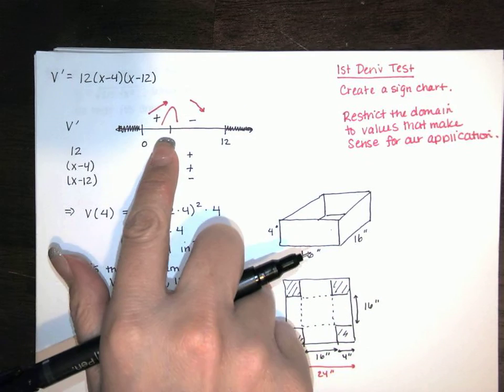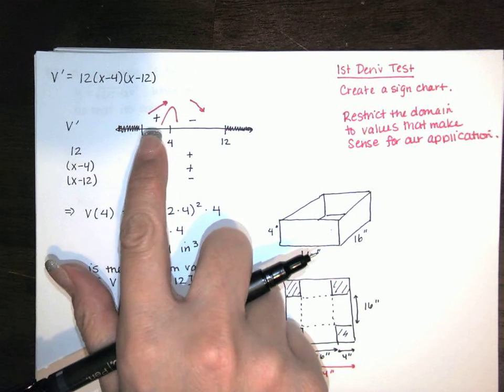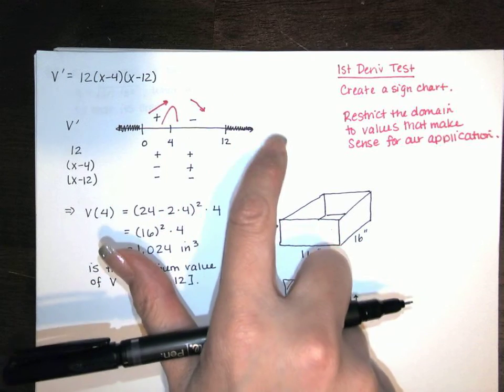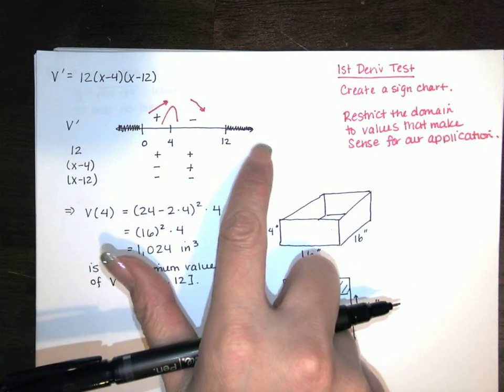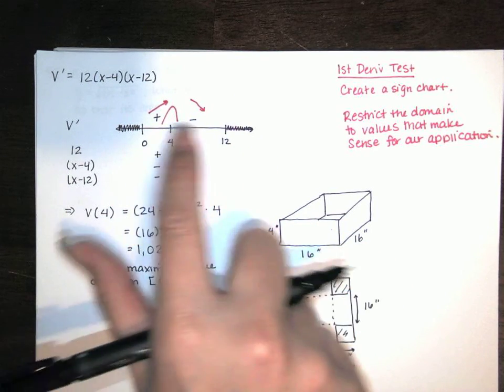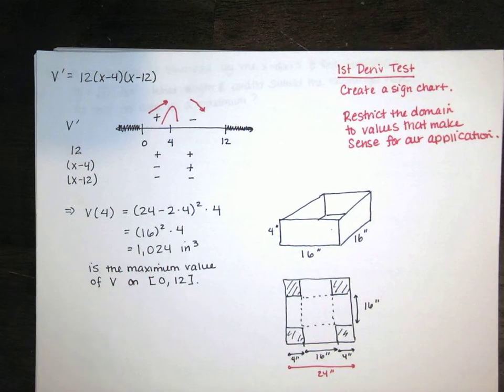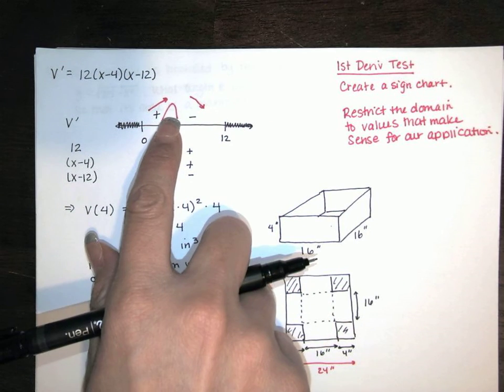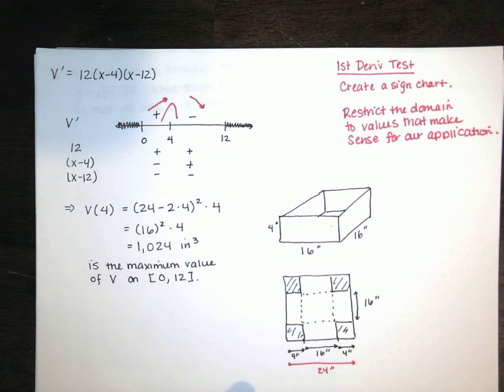Well, look at this function. It goes from increasing to having a 0 slope to decreasing. I think at 0 and 12, those are definitely going to be less than that maximum in between. We don't have a lot of hills and valleys. We just have the one hill. So that's the maximum value of the function on the closed interval.